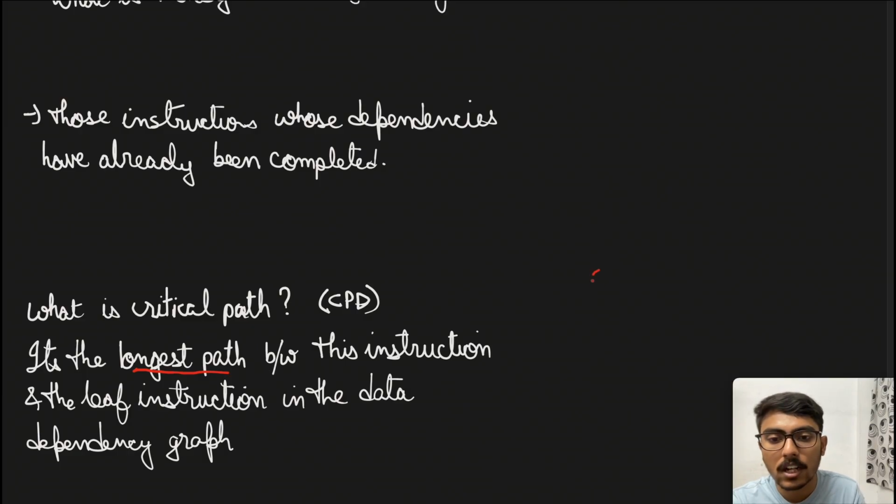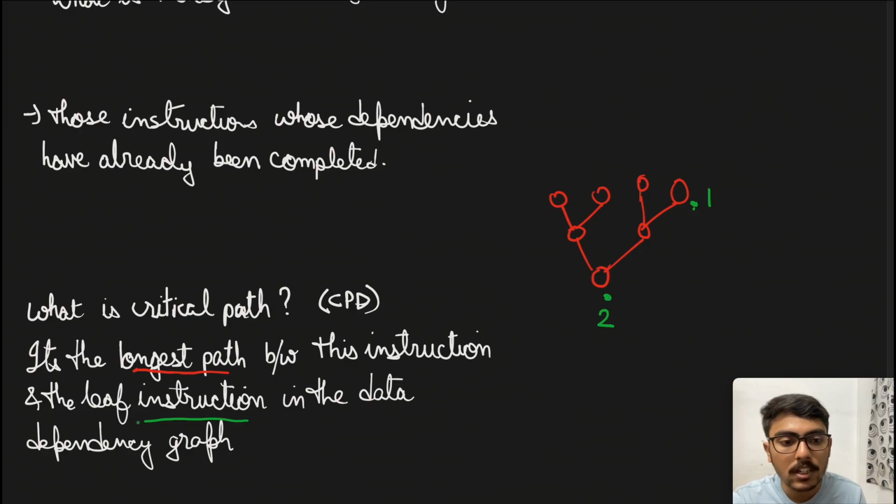The leaf is the last instruction of the dependency graph. Suppose this is the dependency graph. From here, suppose this is the starting point, so we need to find out the distance from point number 1 to point number 2. This is the leaf instruction in the data dependency graph.